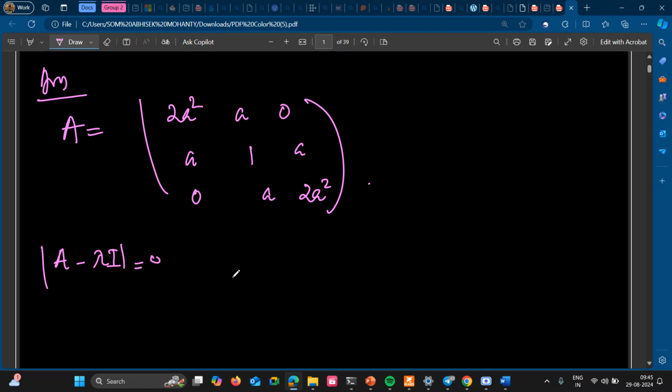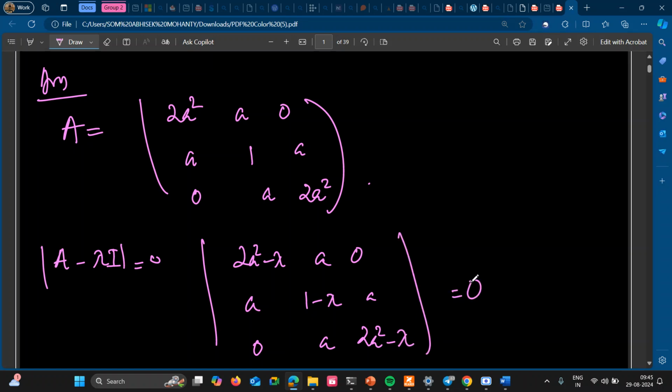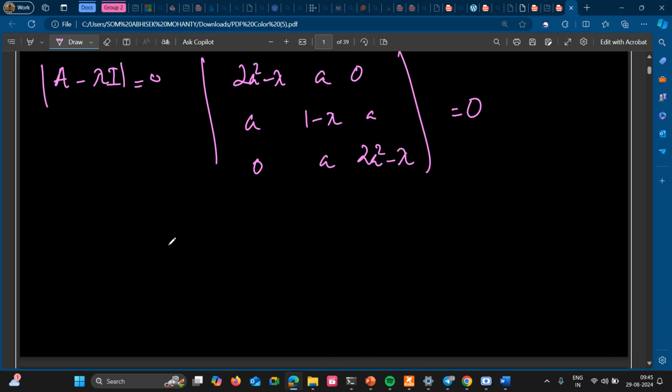So the eigenvalue equation will be: 2a square minus lambda, a, 0; a, 1 minus lambda, a; 0, a, 2a square minus lambda, is equal to 0. I think it would be better to put the value of a square as 3 by 2 so that we can get a simplified version of it.